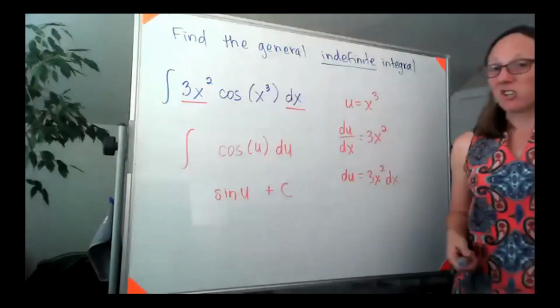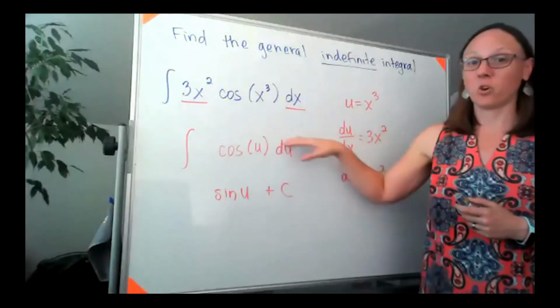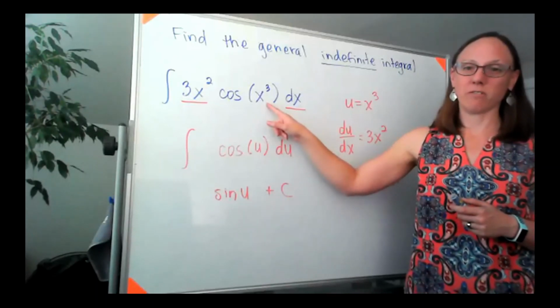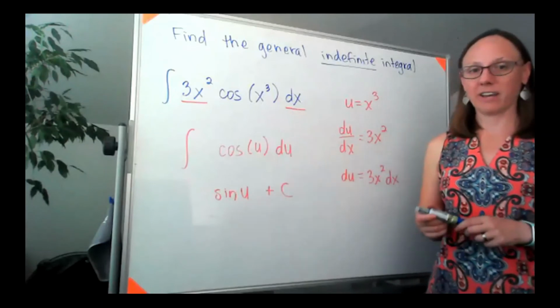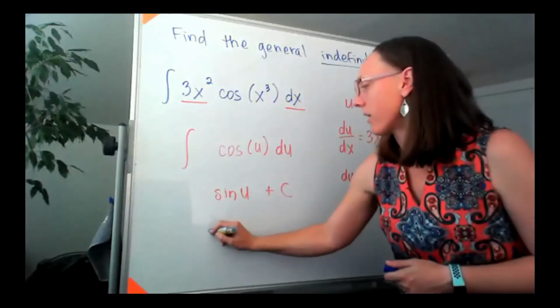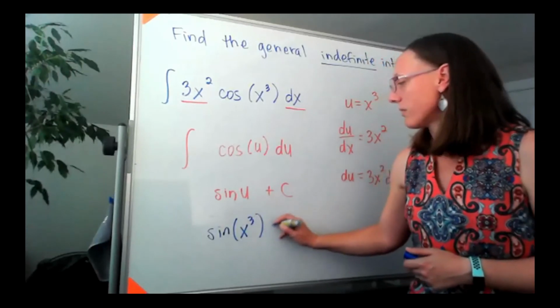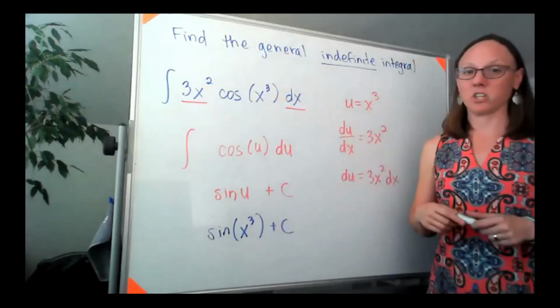But back to my analogy, this is like I translated the question so that I could answer it, but the teacher asked me the question in the language of x, so I have to return my answer also in the language of x. So my last step here would look like sine of x cubed plus a constant to return it back to the same language that we used at the beginning.